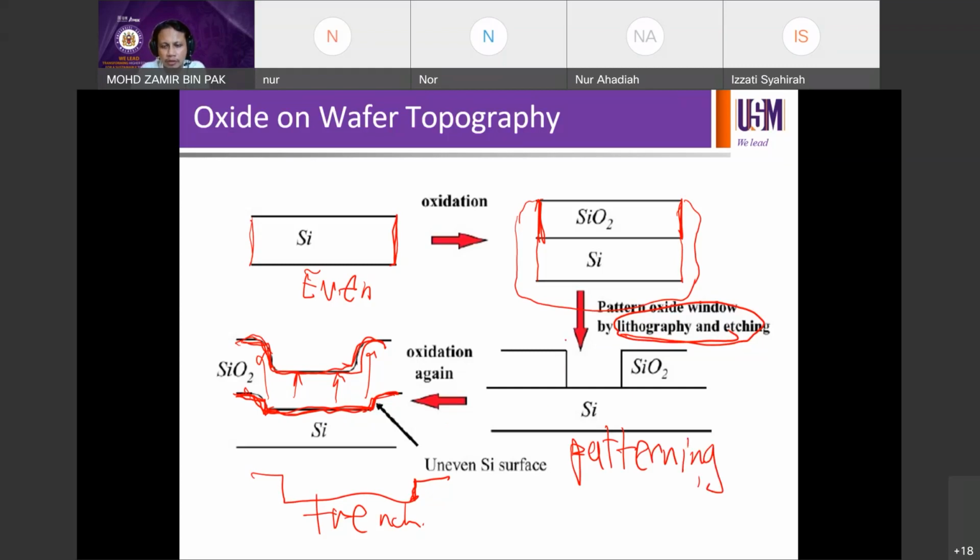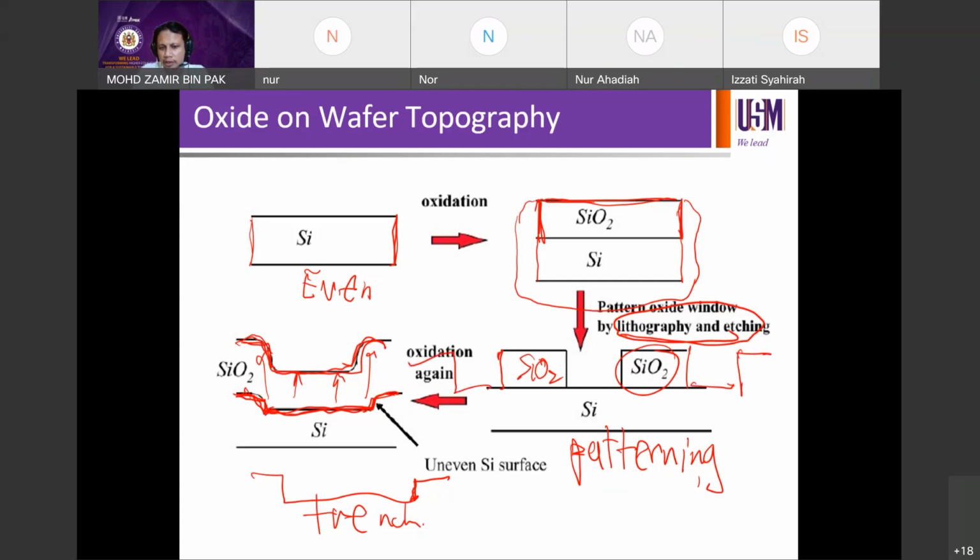Usually you grow oxide on silicon and you get the whole blanket, the whole surface covered, right? But in actual fabrication, we may use certain areas with oxide and some other areas without oxide. That means the oxide needs to be patterned first. You may have oxide here, say, and then you don't have, and then you have another oxide coming on the sides.